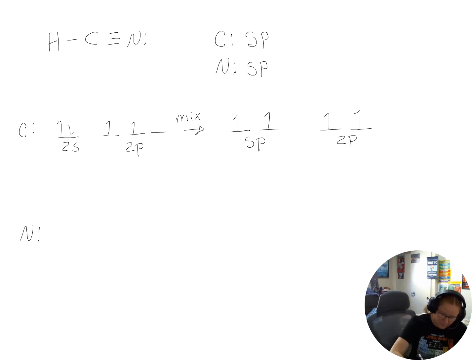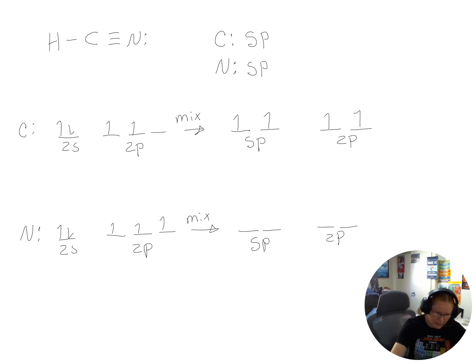Nitrogen, I have my 2s, 1, 2, 3, 2p, 1, 2, 3, 4, 5 valence electrons. We'll mix. Okay, I'll have my sp and my 1, 2, 2p. All right. So my nitrogen has a sigma bond, 2 pi bonds, and a lone pair. So that'll account for that.